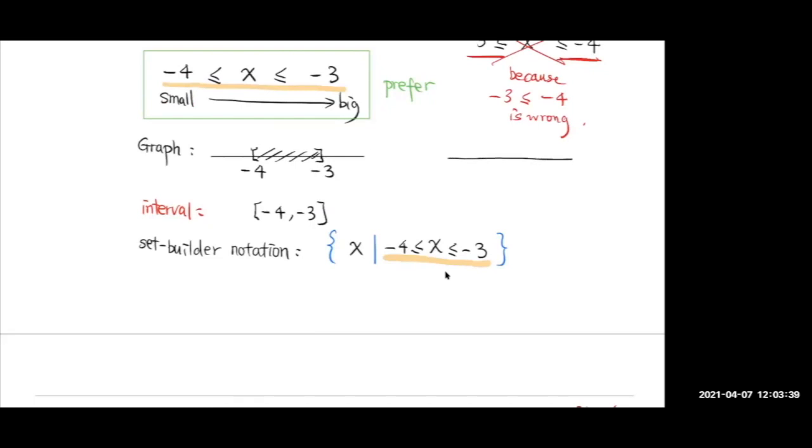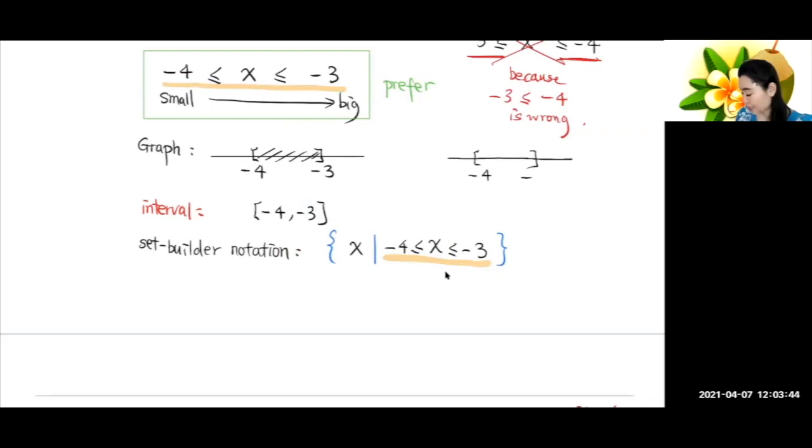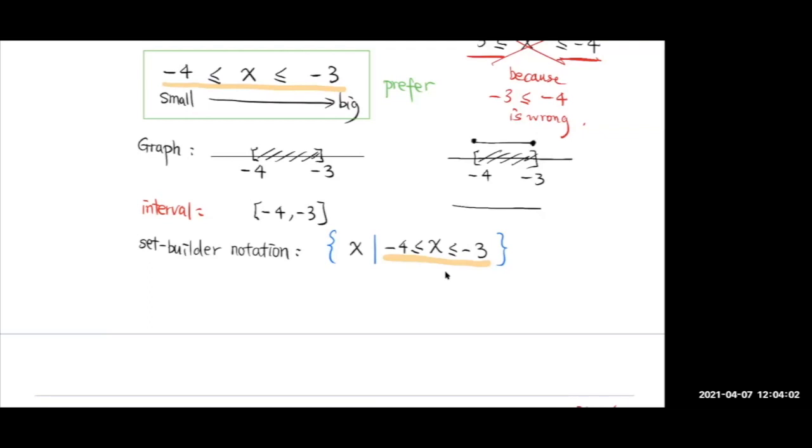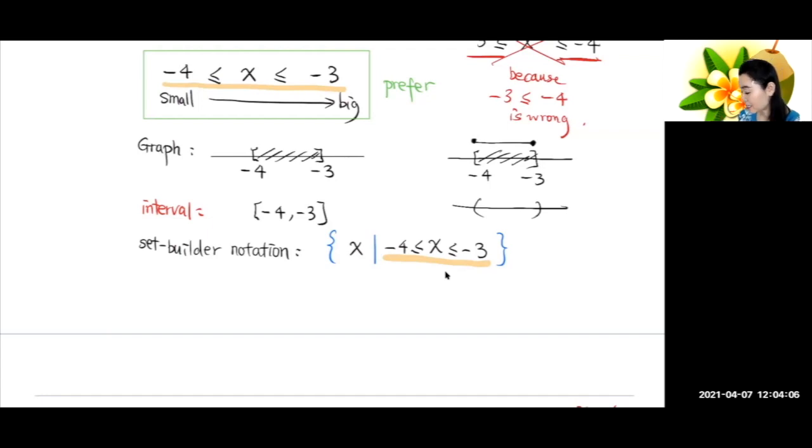So when you have a bracket over here, it's the same as including the endpoint, like a solid dot over here. Yes, -4 and -3 are included.